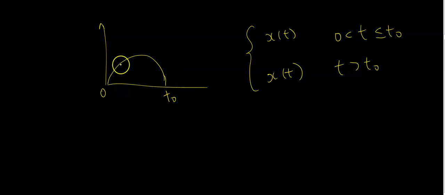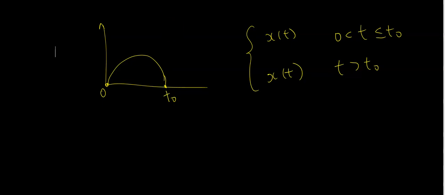So in other words, the only point I'm making is that as long as I am able to find x(t) between 0 and t naught, then I can basically solve the entire problem, for t between 0 and t naught, and also for t greater than t naught. So what I'm going to do is use the convolution integral to only solve in this region here, 0 to t naught, and you'll see how that works.